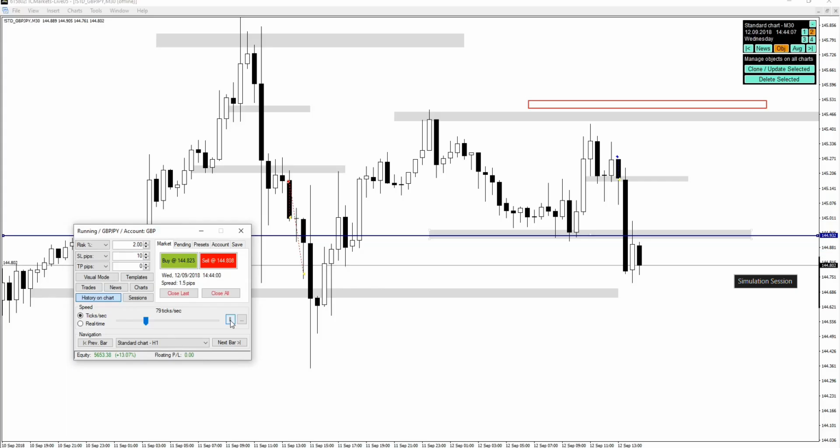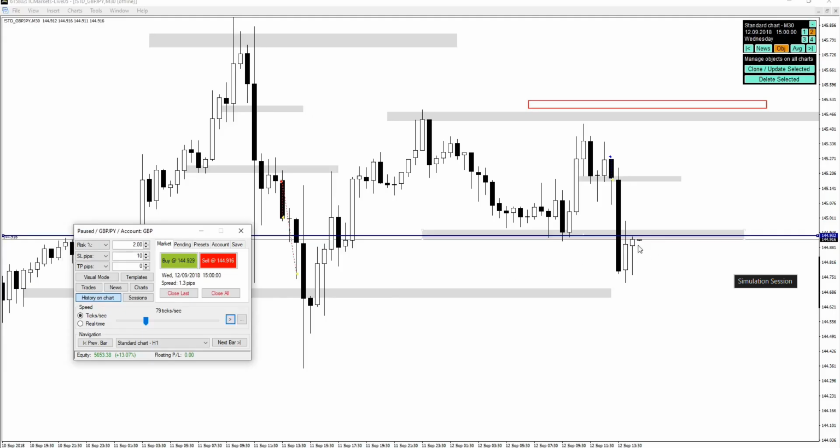Would this candle need to close bullish for the retest, or the wick? I think it needs to close bearish for a retest. If it closes bearish, then there's a good opportunity to take a sell, which is closing in 3, 2, 1. See, it closed bullish. There's no sells.